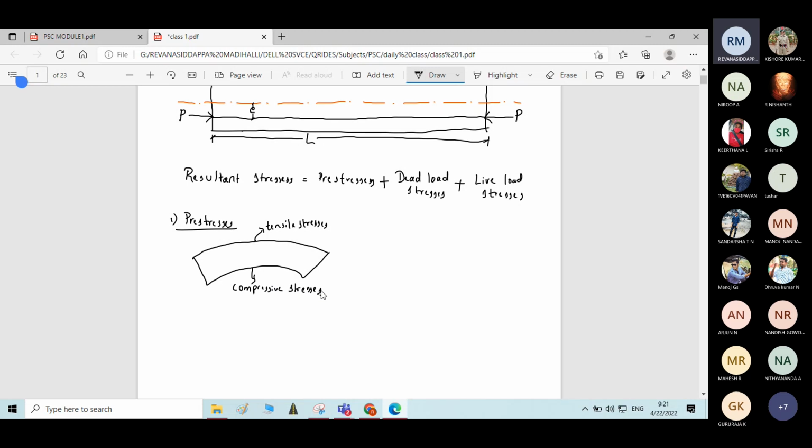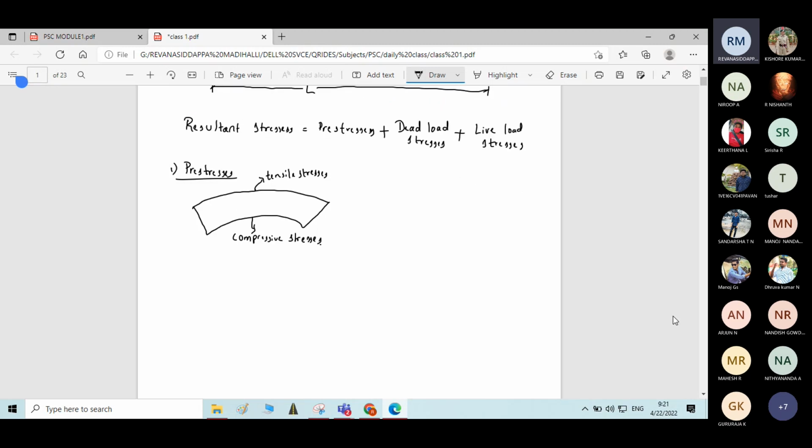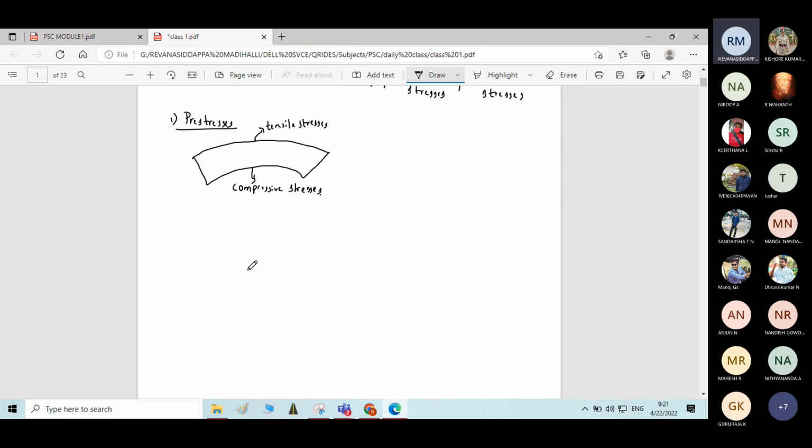Okay, the top fiber is subjected to tensile stresses and the bottom fiber is subjected to compressive stresses. Now let me tell the notation, or the sign convention, for prestressed concrete structures. With respect to stresses, the compressive stress is represented by a positive sign.